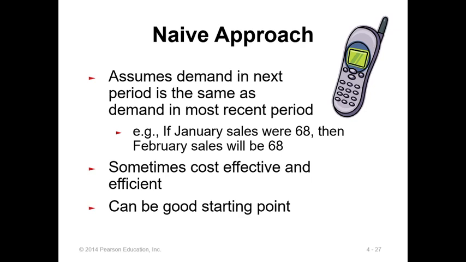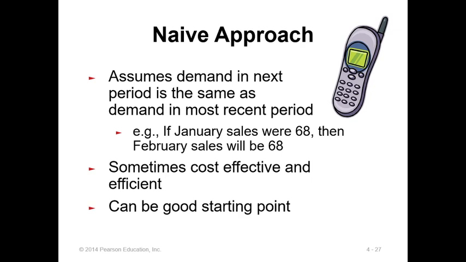Now, the naive approach, they call it naive because it will only assume the demand, for example, for sales next period, the same as the most recent period. For example, if you want to forecast your sales for the month of, let's say, February, then it will be the same as January.